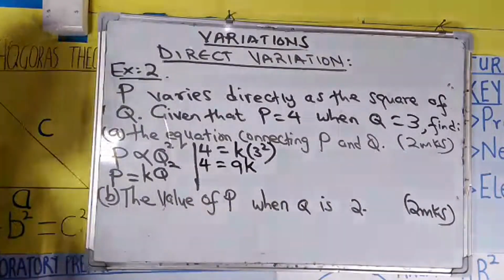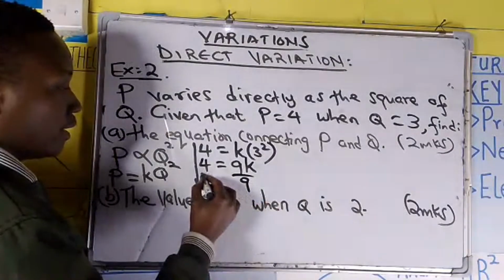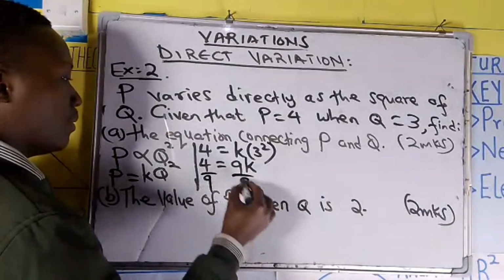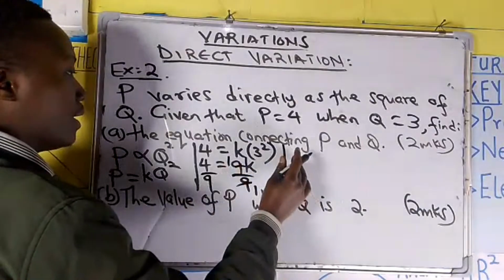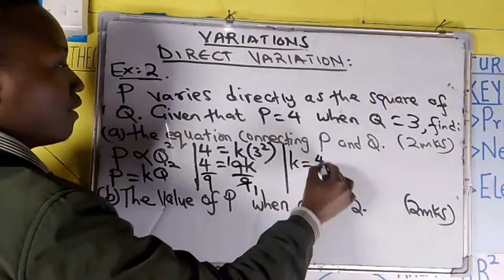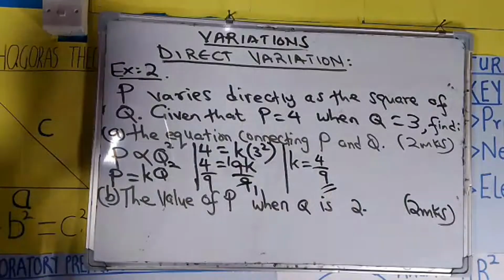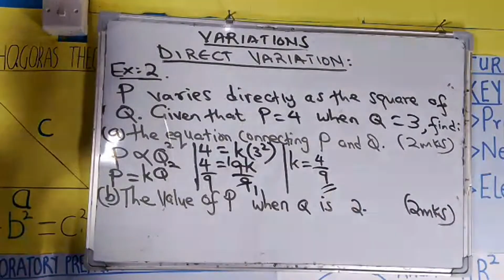Because we want to find our K, we will divide both sides by 9, and we get K equal to 4 over 9.